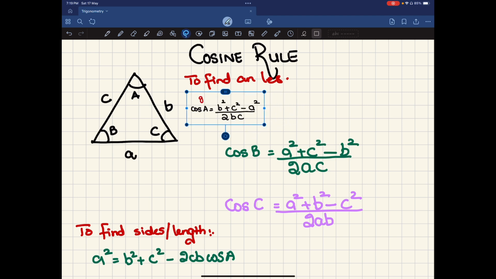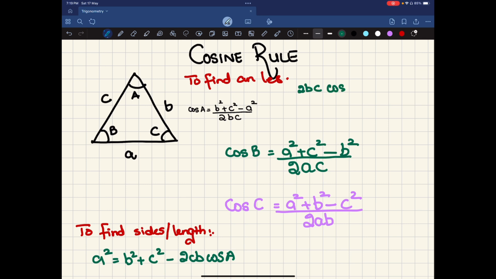So this is the formula, right? What are we going to do now? Since we need to find a, we're going to make a the subject. The first thing that we're going to do is take the 2bc to the other side. So we have 2bc cos A equals b squared plus c squared minus a squared.